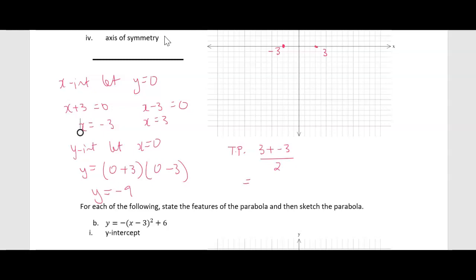Obviously, 3 plus -3 is 0, so that's why your turning point is at x equals 0. If I substitute that in, which I did do here anyway, that's going to be your turning point. So your y-intercept and your turning point are actually the same.